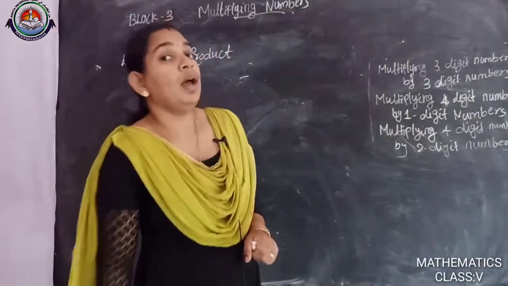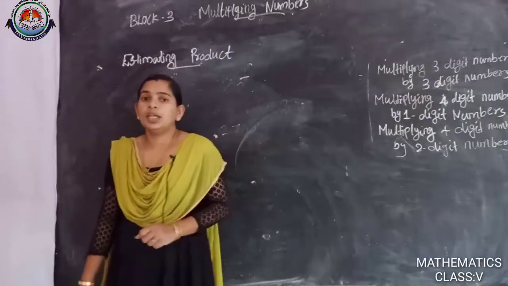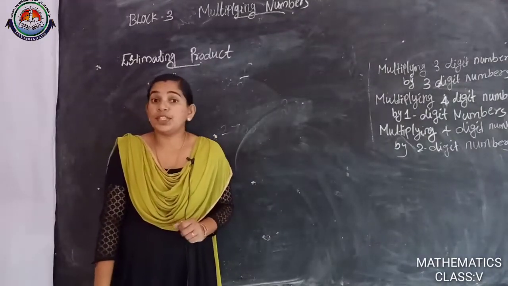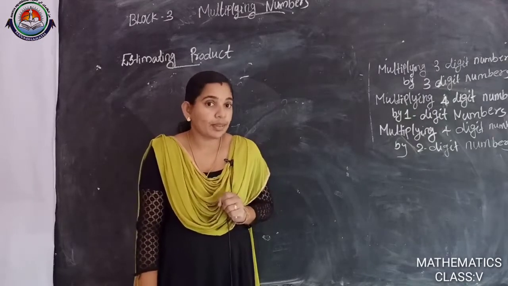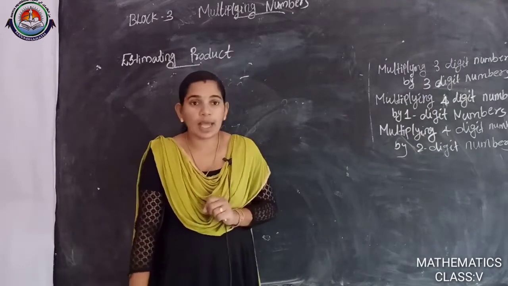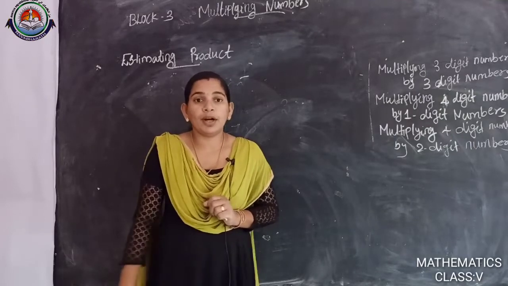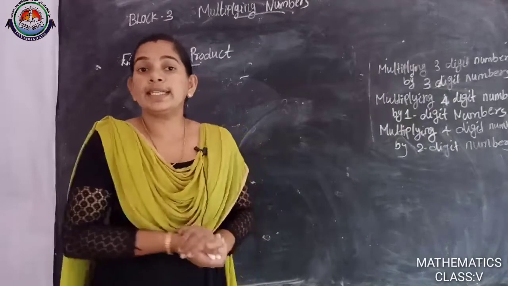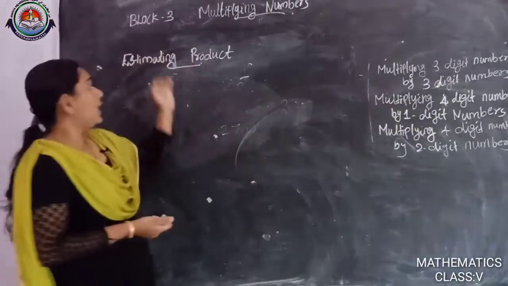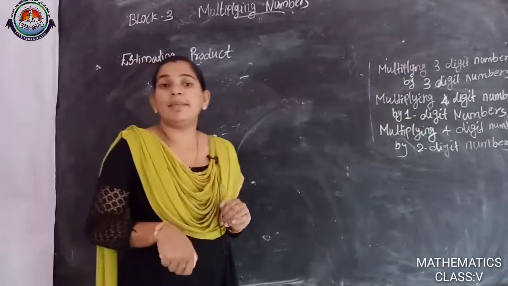How do you get an estimated sum and difference? First, we round off the given numbers. Then we add or subtract. Okay, we will do one problem. We will discuss today how to find the estimated product.